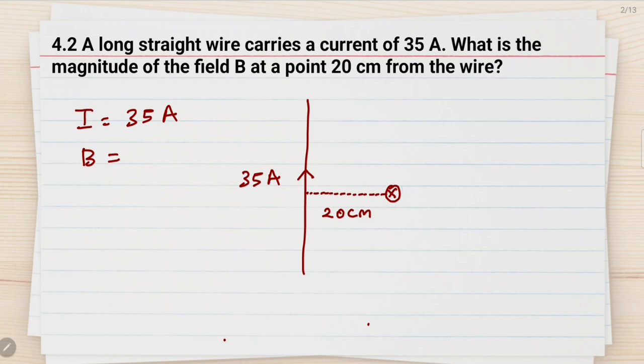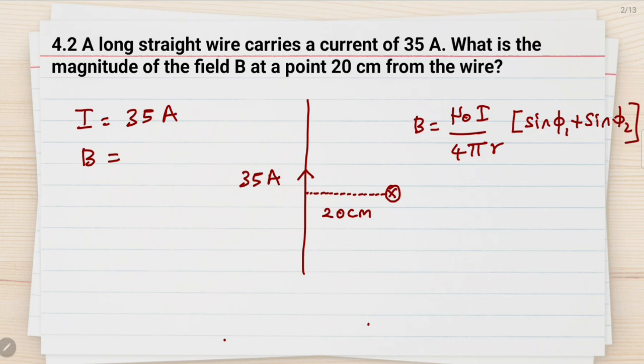See students, you know the formula for finding B of a straight wire. The finite wire formula is mu naught I by 4 pi r into sine phi 1 plus sine phi 2. You know very well, for an infinite wire phi 1 and phi 2 will be 90 degrees, so sine 90 will be 1.